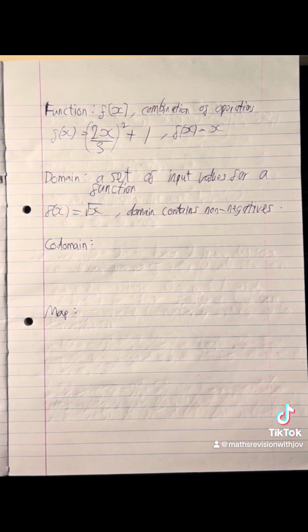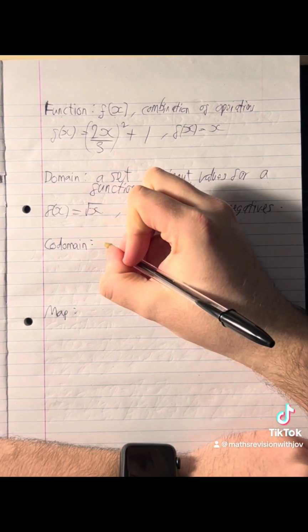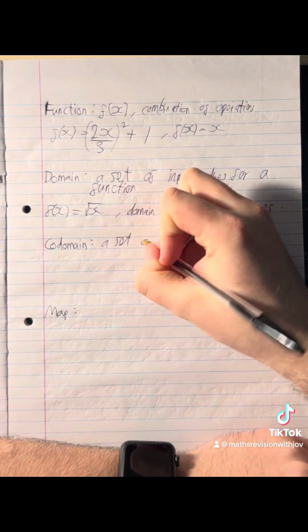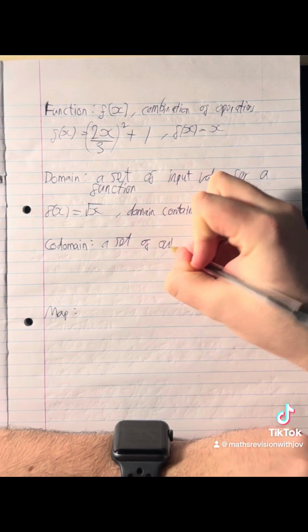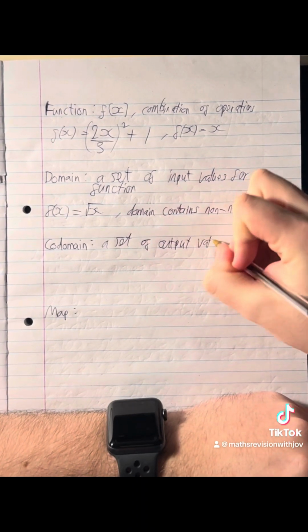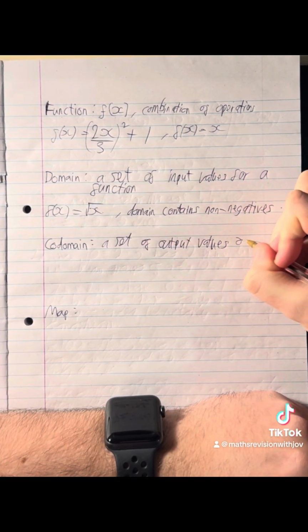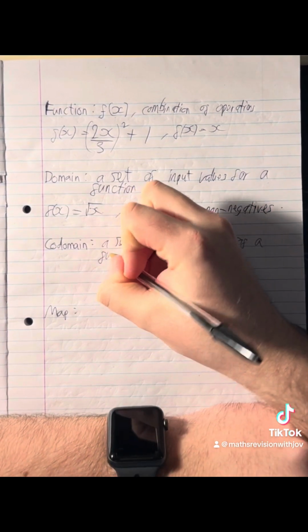The next thing we're going to talk about is a codomain. You can probably work out what the codomain is since it contains the word domain. The codomain is in fact the set of output values of a function.